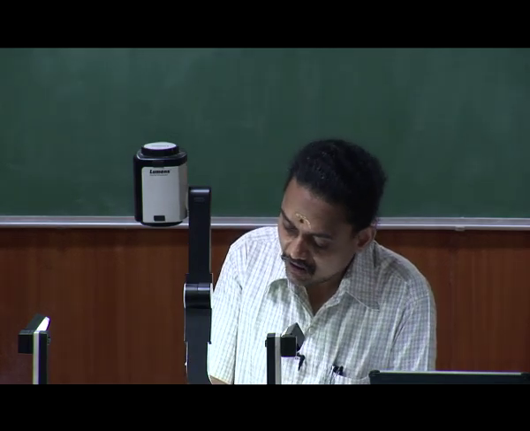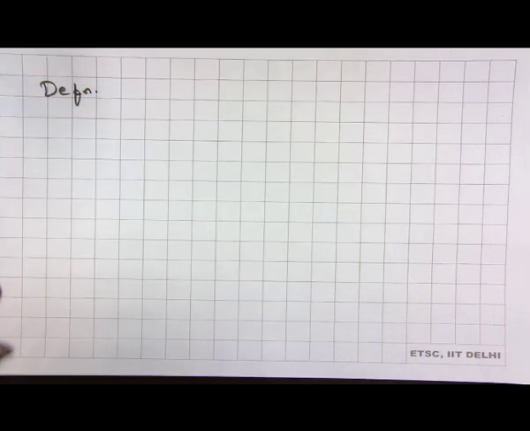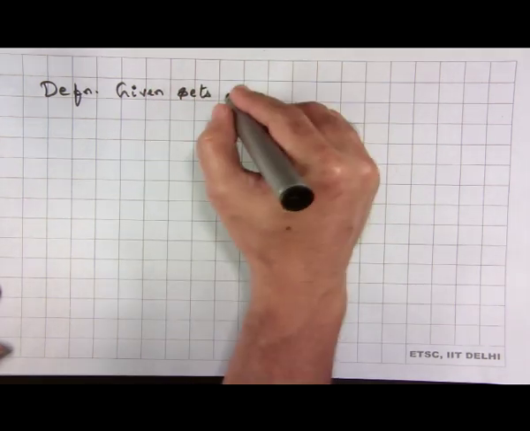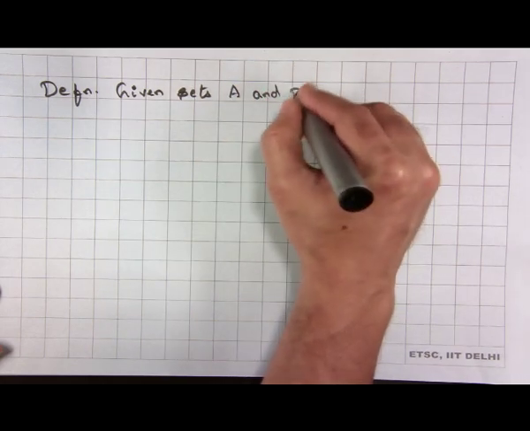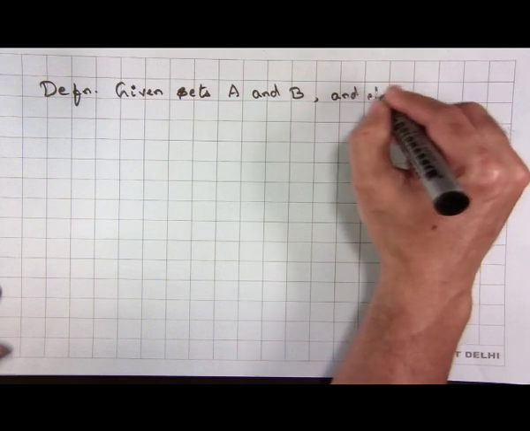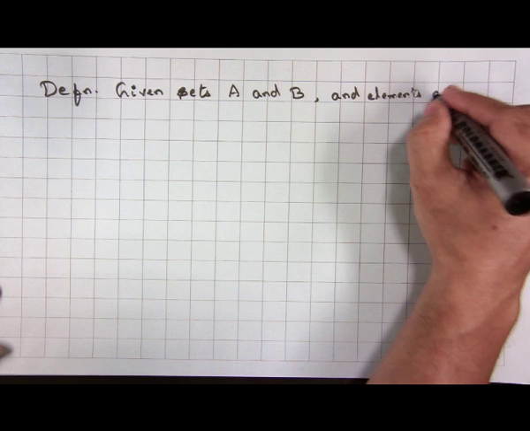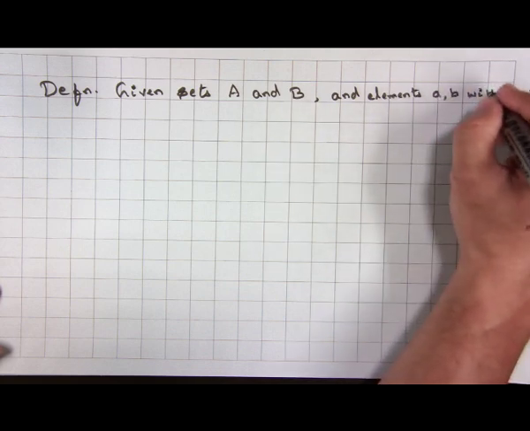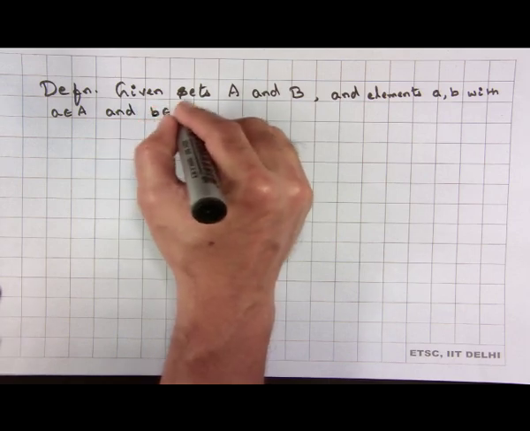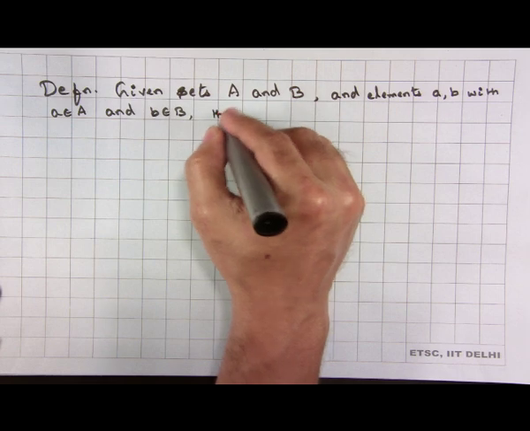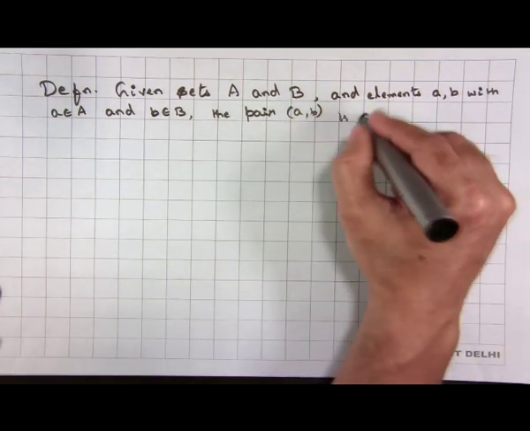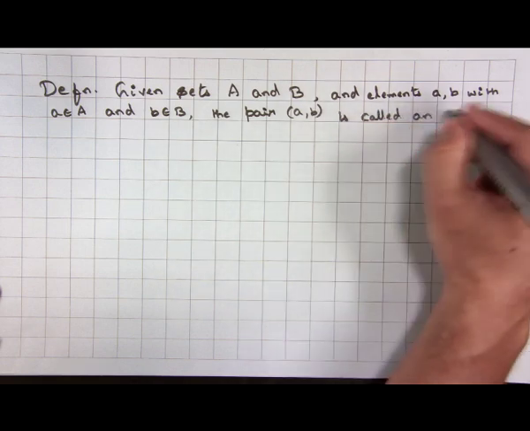So, let us make it formal and define things like: given sets A and B and elements a comma b with a in A and b in B, the pair a comma b is called an ordered pair.